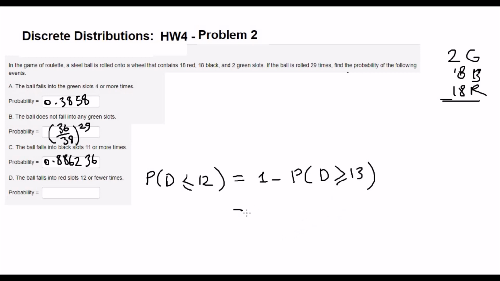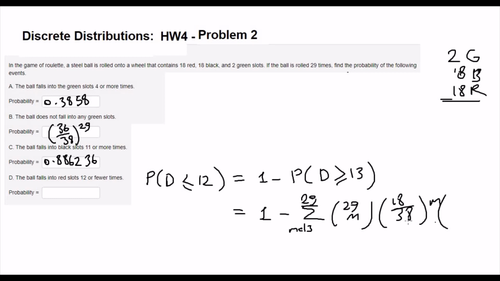So we're going to use again 1 minus summation from 13 to 29, and 29 choose m. Our success is red, red is again 18 out of 38 to the m, and 1 minus p is 20 out of 38 to the 29 minus m, and the calculator will tell you 0.324105.